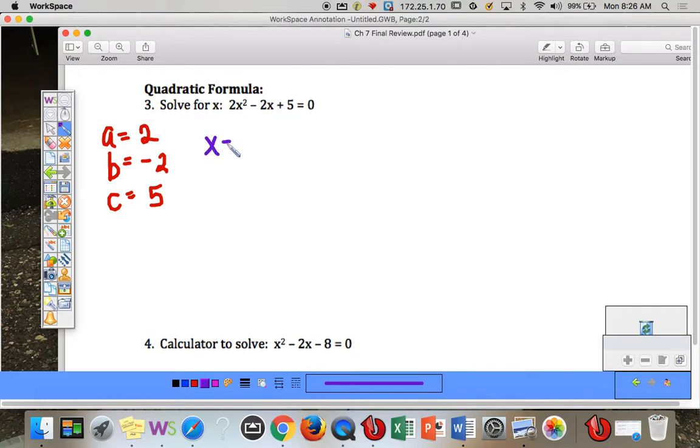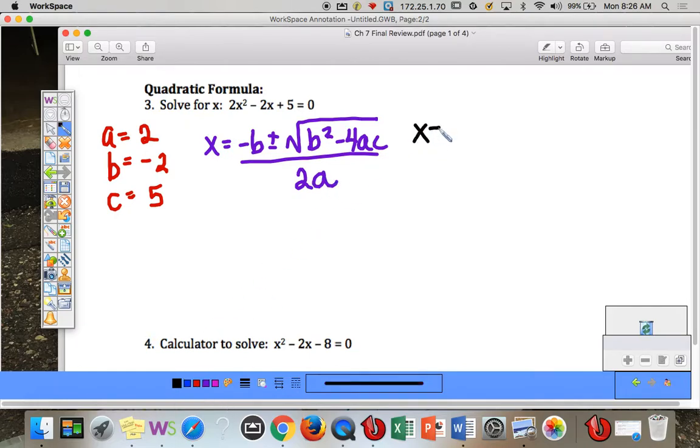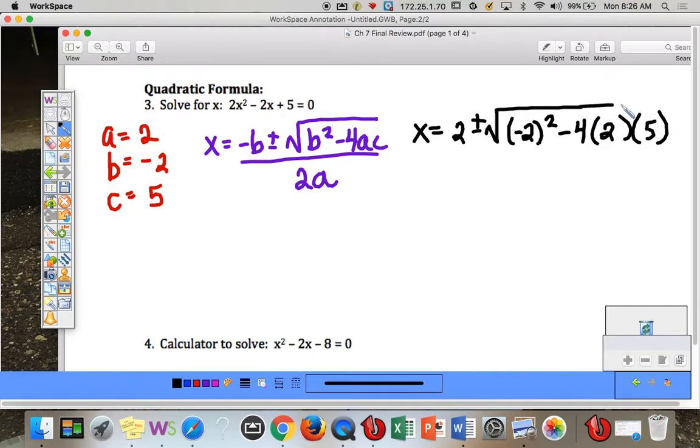We plug into the quadratic formula, which is x equals the opposite of b, plus or minus the square root of b squared minus 4ac, all over 2a. So if we plug in, we get x equals the opposite of negative 2, which is 2, plus or minus the square root of negative 2 squared minus 4 times a times c, all over 2a.